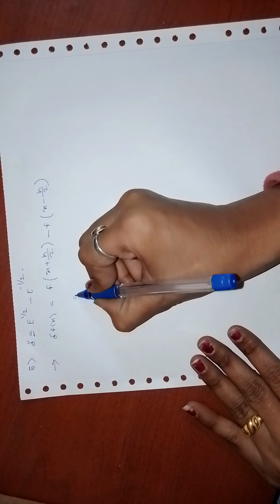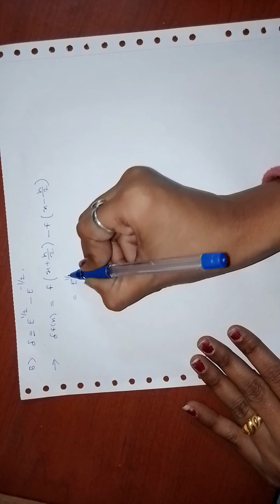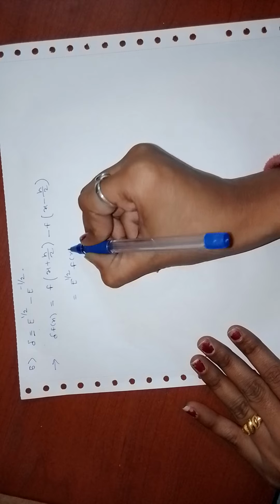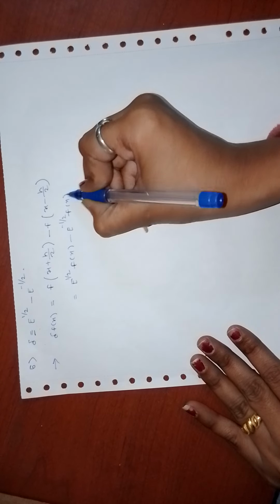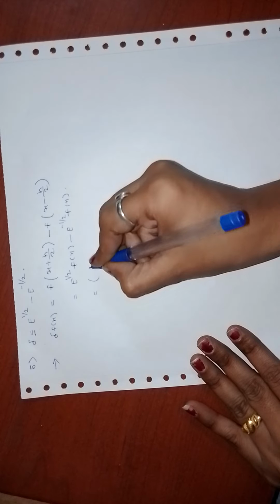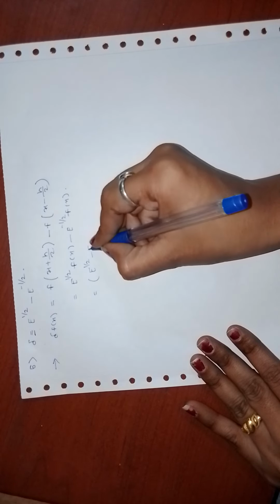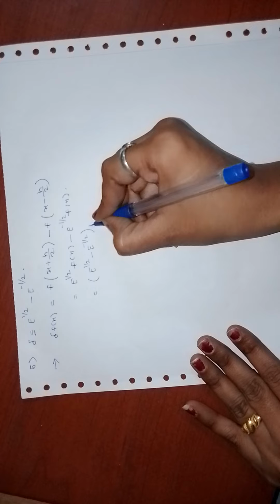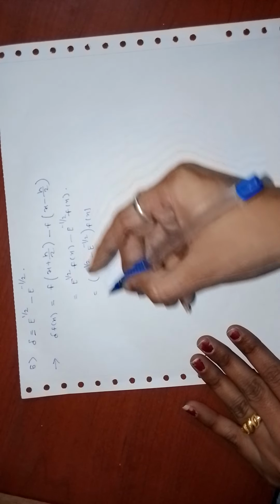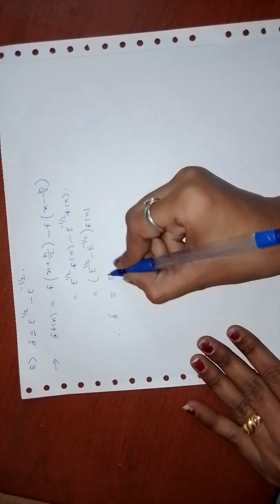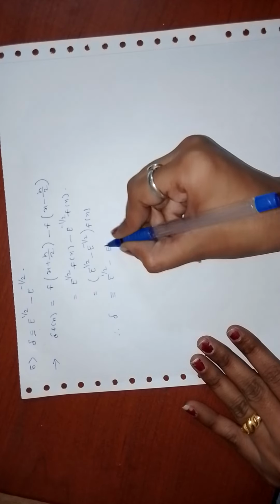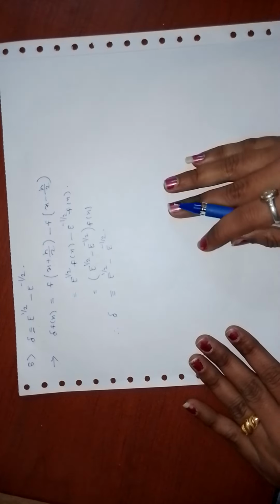This can be written as E raised to 1 by 2 f of x minus E raised to minus 1 by 2 f of x. So E raised to 1 by 2 minus E raised to minus 1 by 2 f of x. Therefore delta is congruent to E raised to 1 by 2 minus E raised to minus 1 by 2.